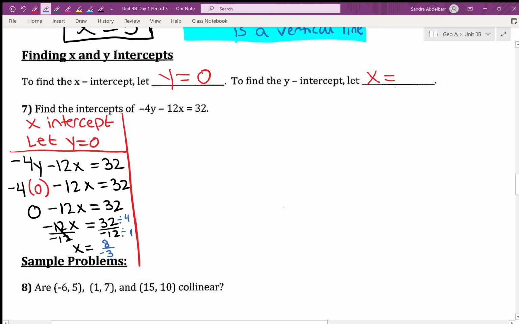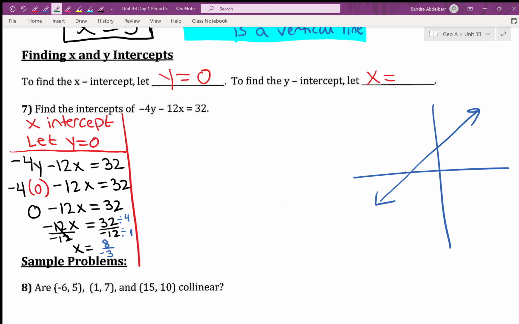But the x-intercept is not a line. What is the x-intercept? No, the x-intercept is not a line at all. Not slope. It's a point, right?